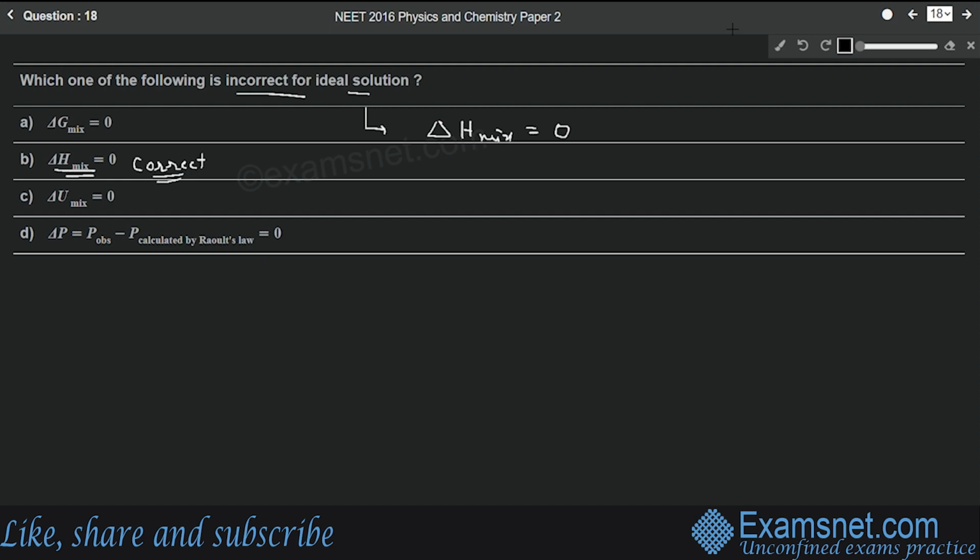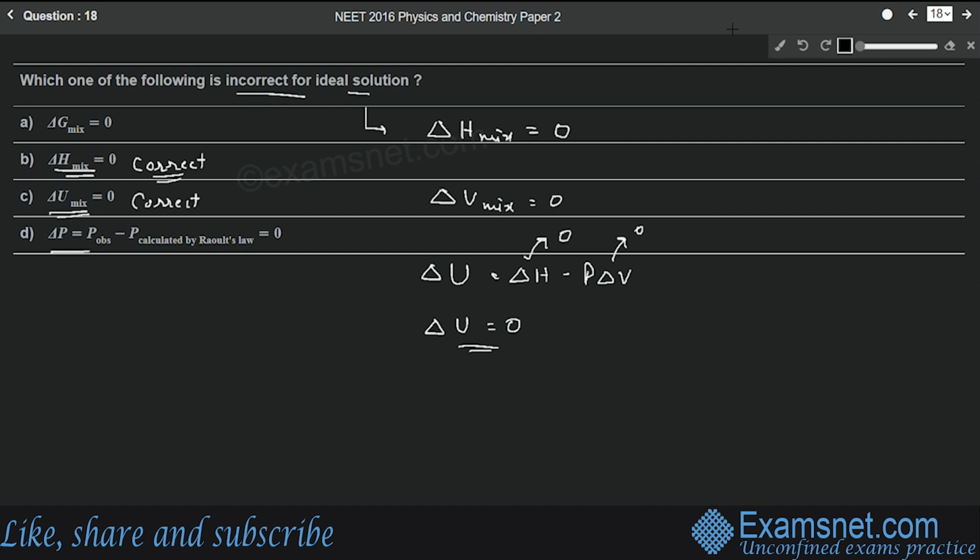Okay, also delta V, that means volume of mixing, is 0, right? And we know that delta U is equal to delta H minus P delta V. Okay, and here delta H is 0, delta V is also 0, that means delta U will also be 0. Okay, so third one is also correct.